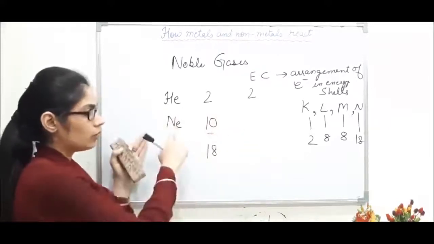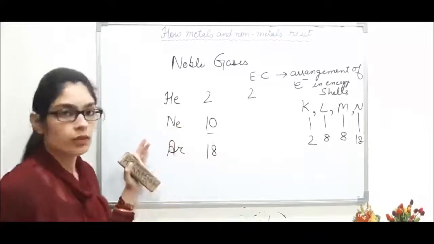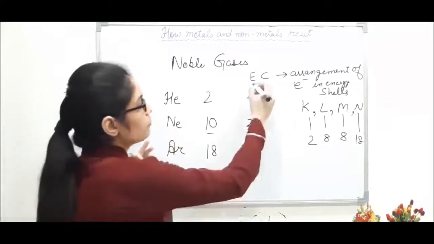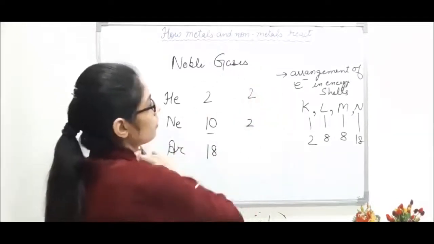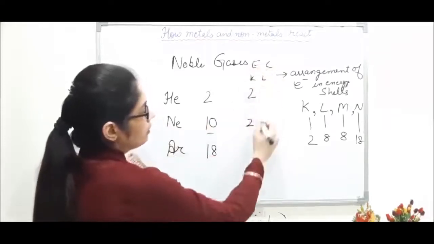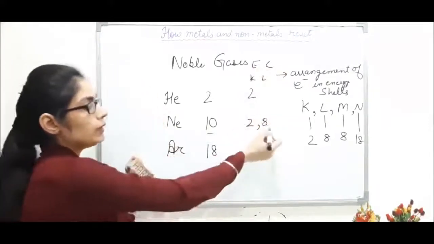Atomic number of neon, it's 10. 10 means number of electrons in neon is 10. So 2 electrons will come in first shell, which is K. And in second shell, 8 electrons will come. 2 plus 8 is 10.